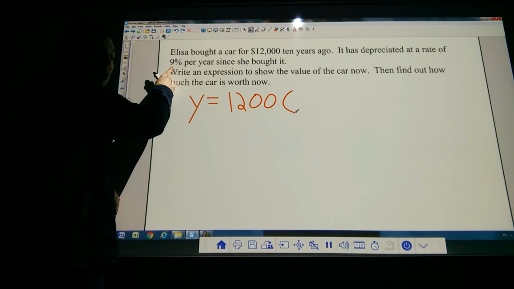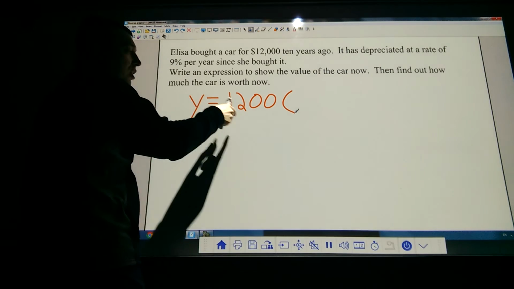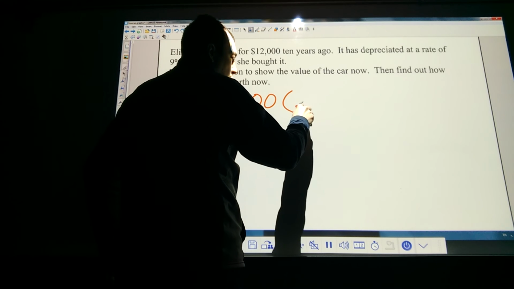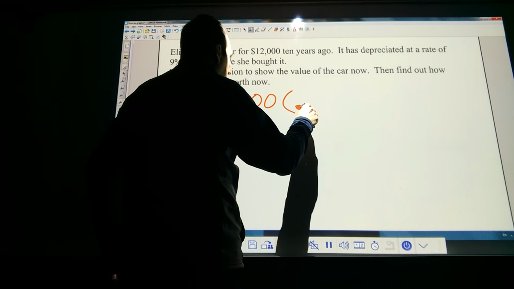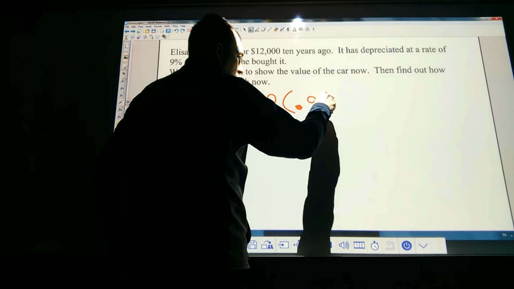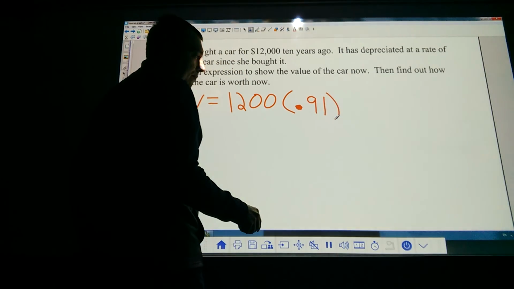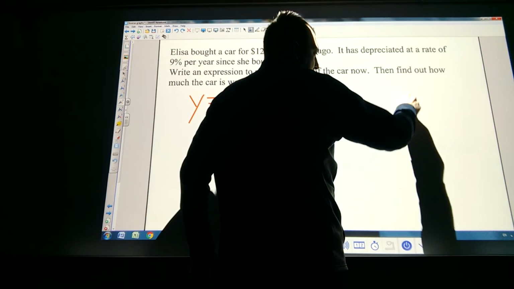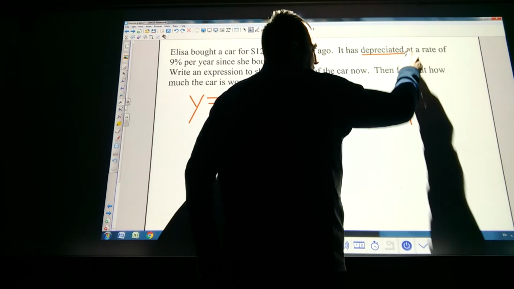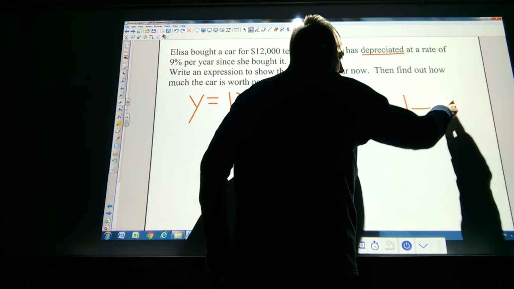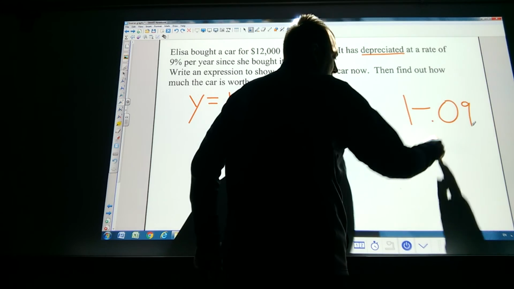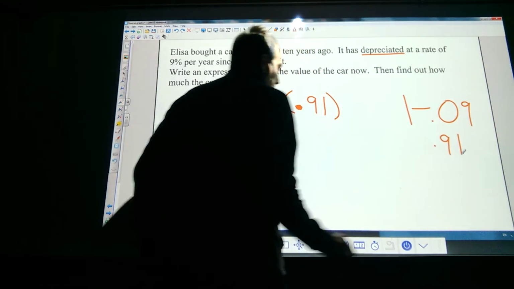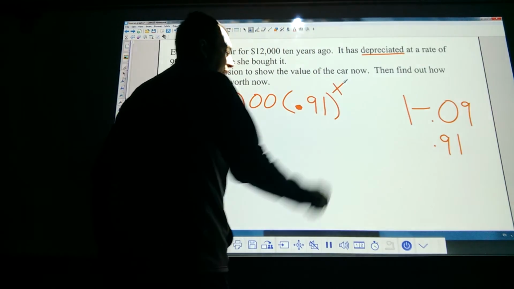Since it's going down, we're subtracting 9%. So the multiplier is 1 minus 0.09, so 0.91. Again, how did I get that? We start at 1. It depreciates, so that means we subtract 0.09 or 9%, and that's how we figure out our multiplier. And then we raise it to the x.